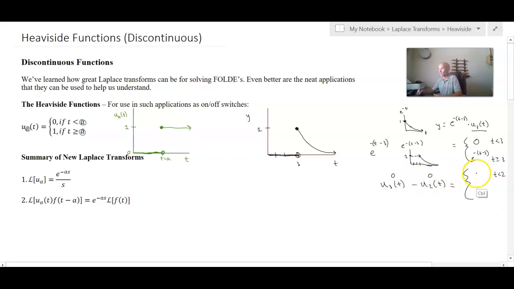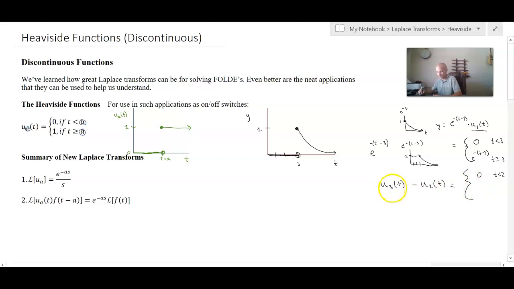And so, as a result, 0 minus 0 will be 0 before time 2. Now, I also need to consider between time 2 and time 3 because at time 2, this Heaviside activates, but u sub 3 doesn't do anything yet. It remains 0.